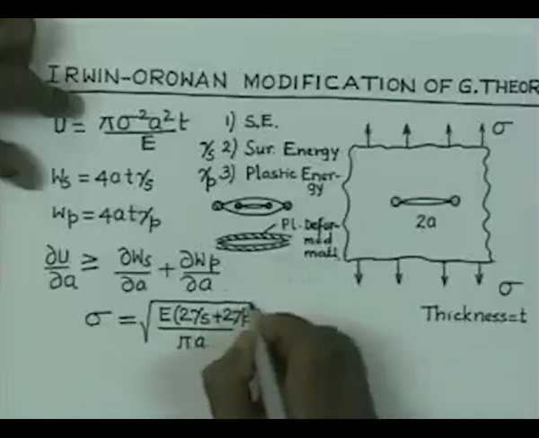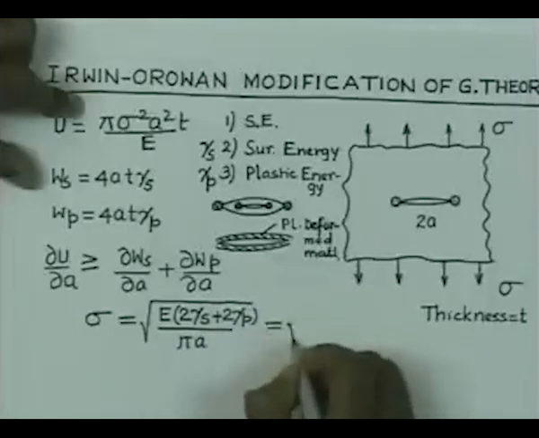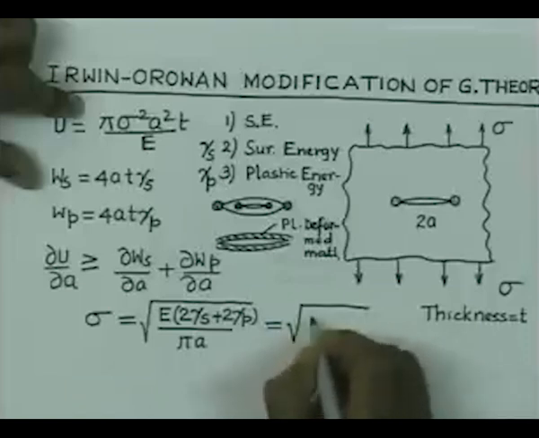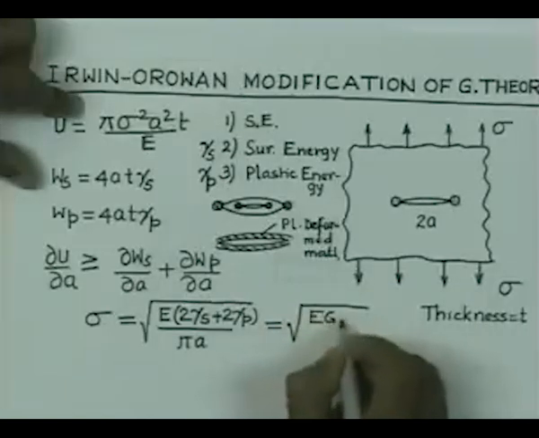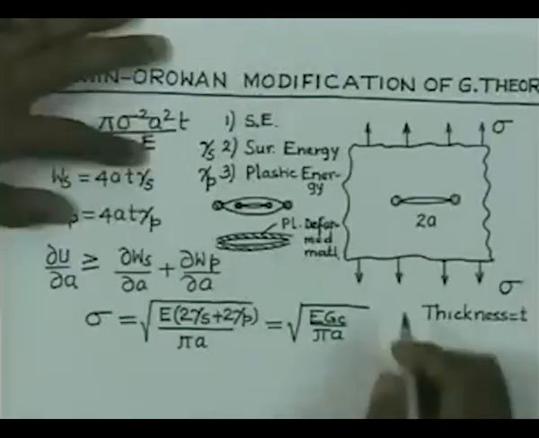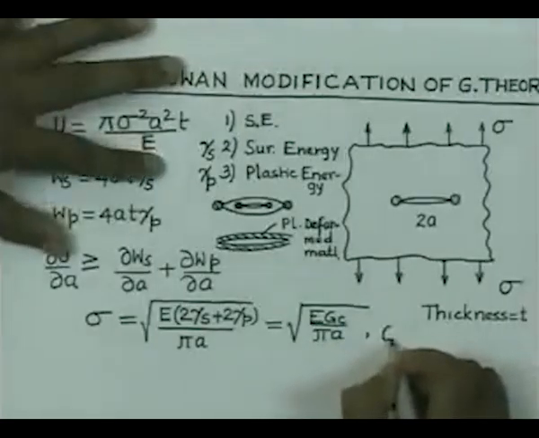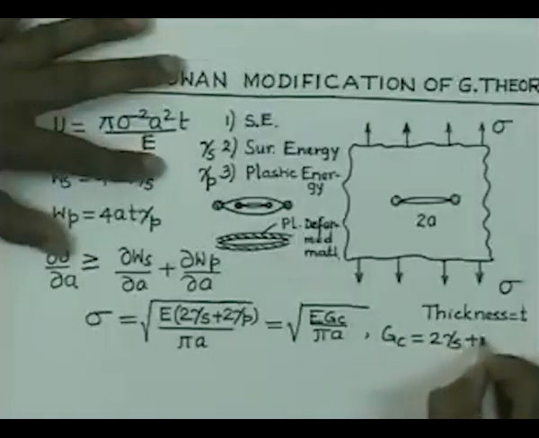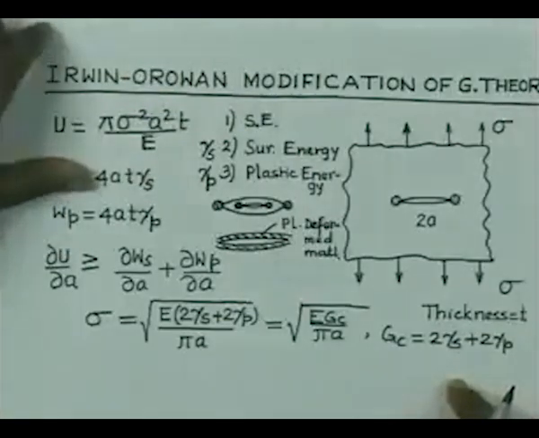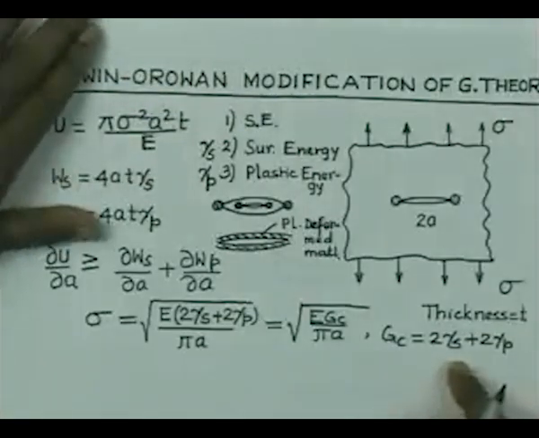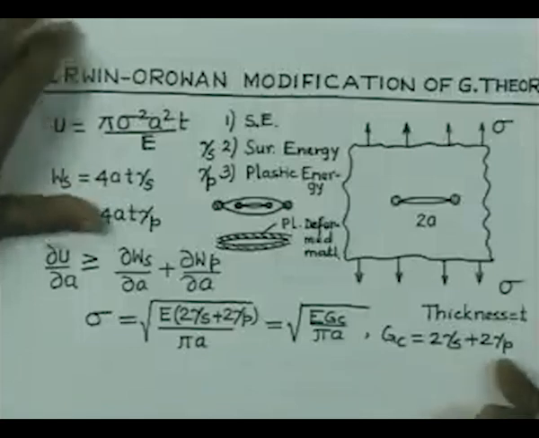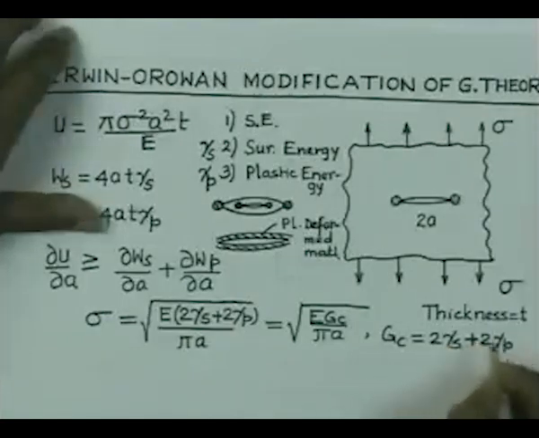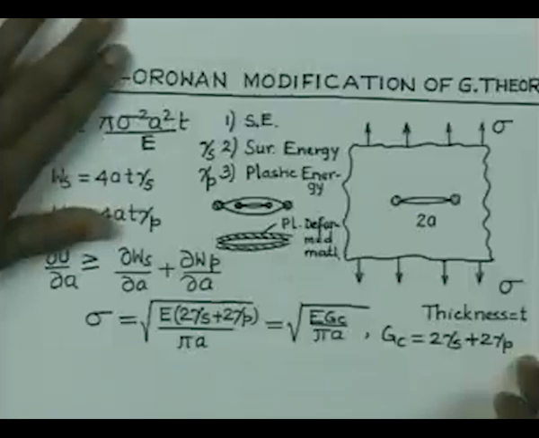and this can be again written in the form that we did last time, that this is nothing but root of E G C by pi A, wherein we have G C equal to 2 gamma S plus 2 gamma P. As we assume the surface energy per unit area is constant, so also we have assumed here that the plastic energy per unit crack area is also constant.